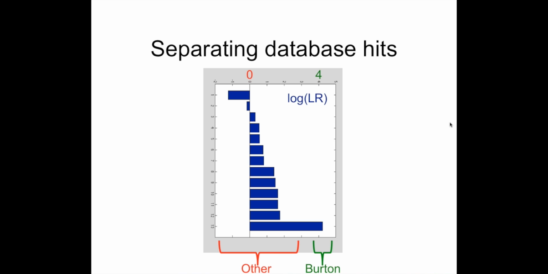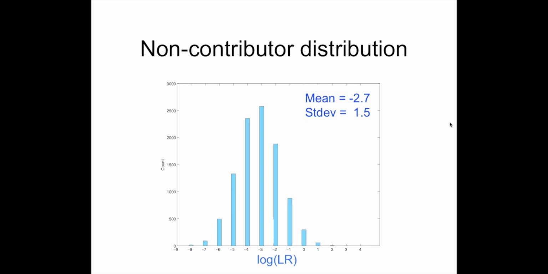And then the question is, is Mr. Burton actually an outlier? Is he statistically different than these other individuals based on a comparison of the rape kit evidence, that minor contributor, to each of these 13 reference samples? So to address that question of how we separate out these database hits, we can form a non-contributor distribution for the separated minor contributor from the rape kit evidence.